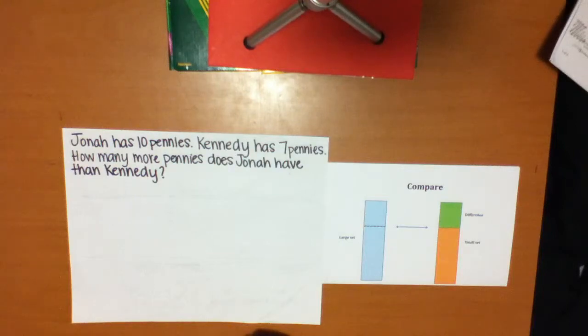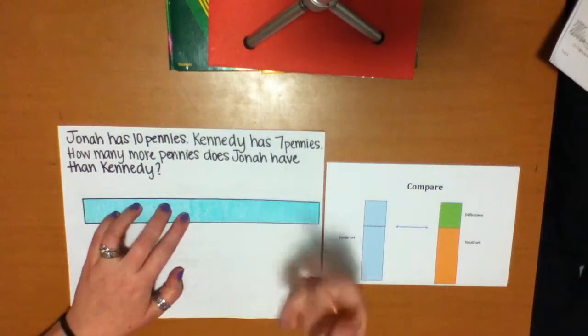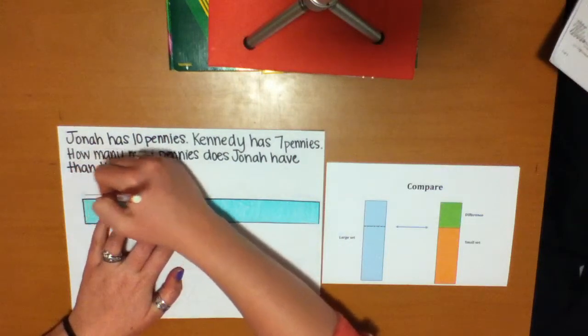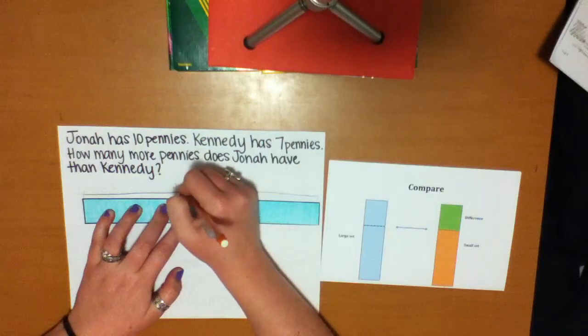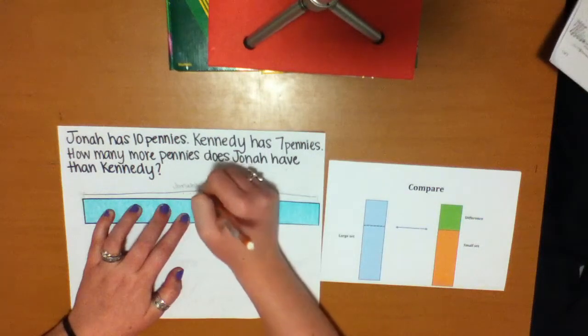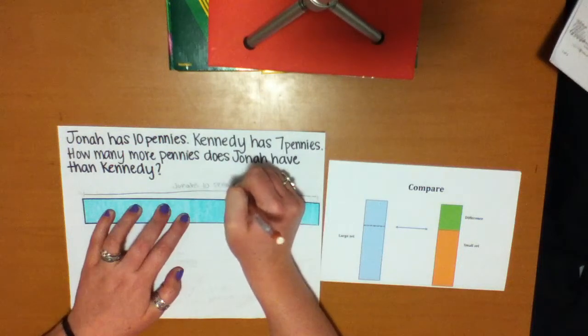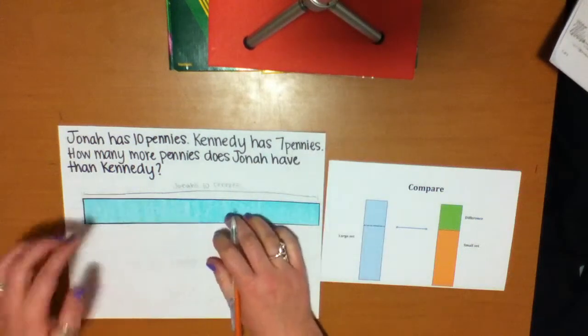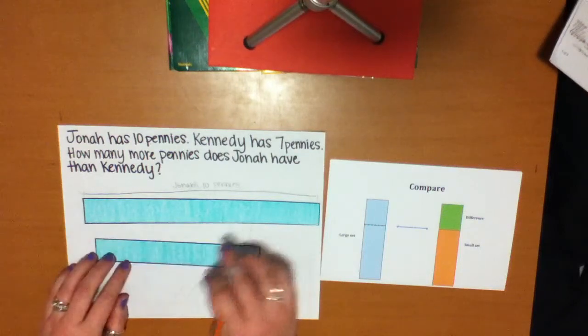First, we're going to start out with the large set. So here's a strip that represents Jonah's 10 pennies. I'm going to label that Jonah's 10 pennies. Now we will place the small set, which represents Kennedy's 7 pennies.